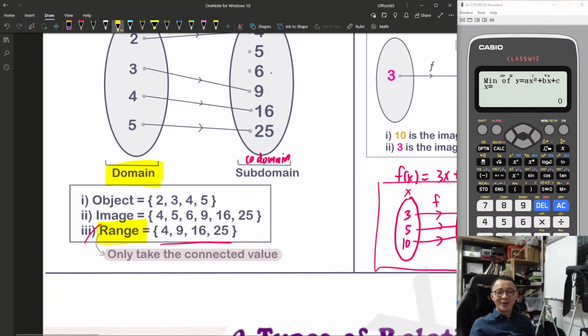Okay, so until now it's about 45 minutes already. I hope at least you get something. First, you can identify what is a function and what is a non-function, and you have memorized the types of relation, which are one to one, one to many, many to one, and many to many.